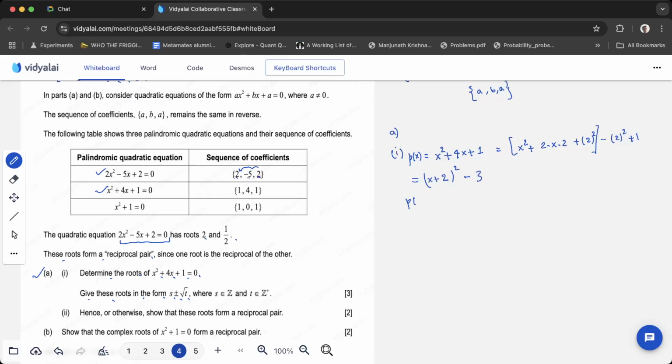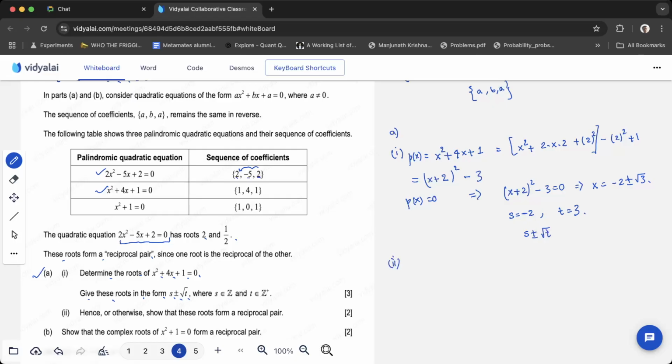So now p of x equals 0 means x plus 2 whole squared minus 3 equals 0. And hence we get x equals -2 plus or minus square root 3. So this is like s equals -2 and t equals 3, and the form is s plus or minus square root t. These are the roots.